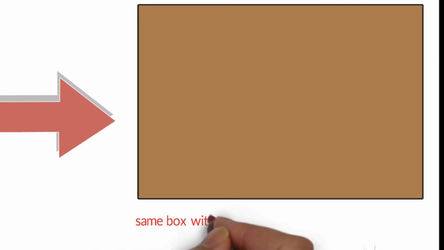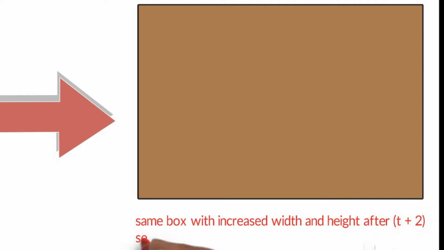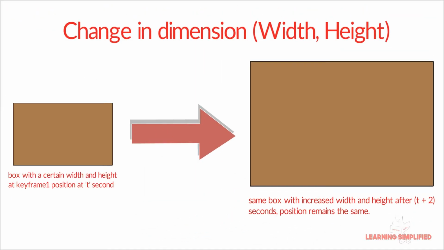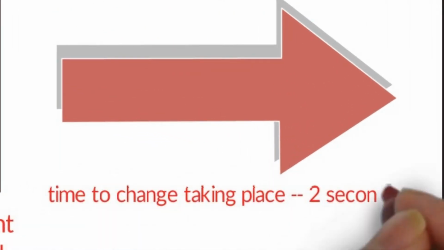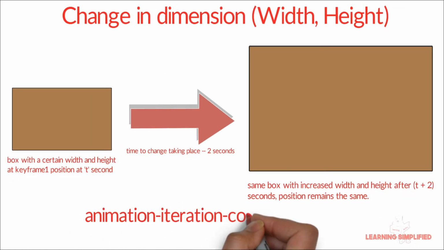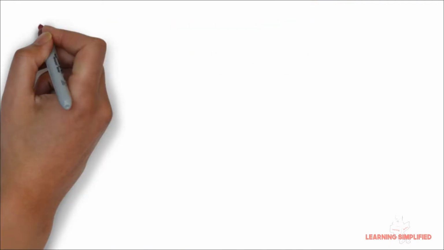And this is the same box with increased width and height after t plus 2 seconds. The position will remain the same and the time of change will be 2 seconds. That means this animation will take place in 2 seconds, while animation iteration count is set to 5, that is, this change will occur 5 times and then it will pause.